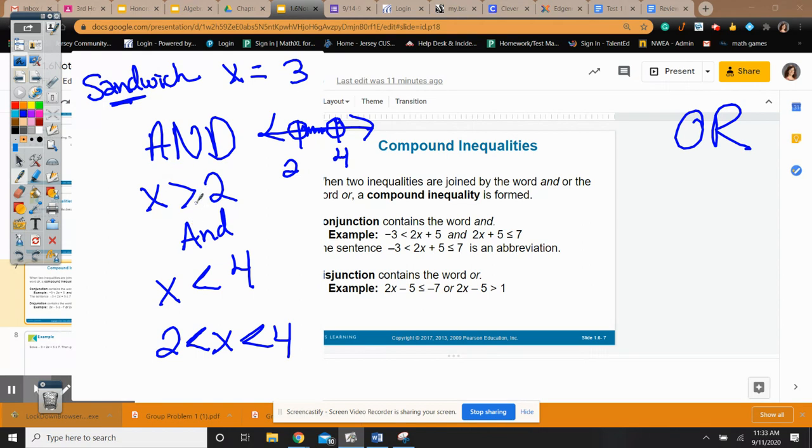You can write it as a super inequality, or you can write it out with the and in between it. Either way is fine. And its graph kind of looks like a little bar. Both things can happen at once. Now, let's say I have an OR graph. Let's say I'm talking about 3 before, like I was before. And this time I say x is bigger than 2.